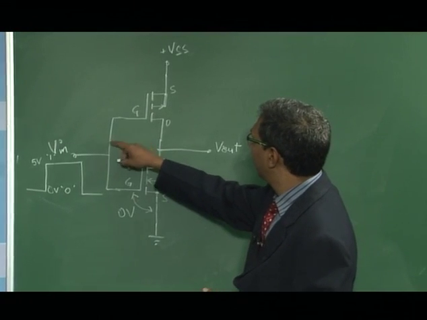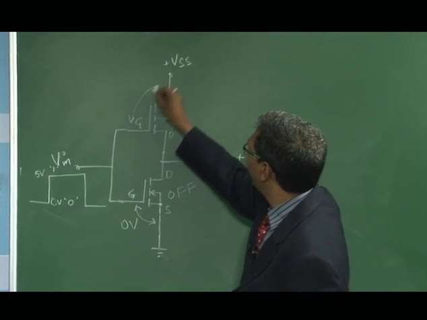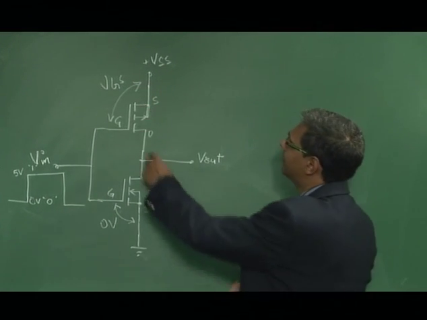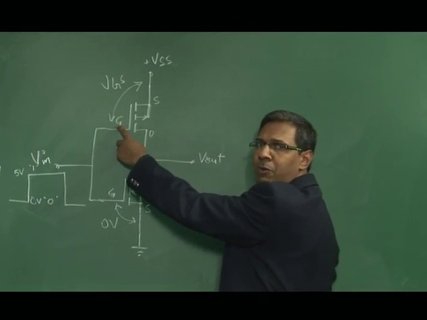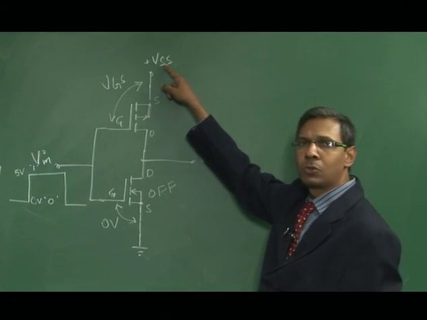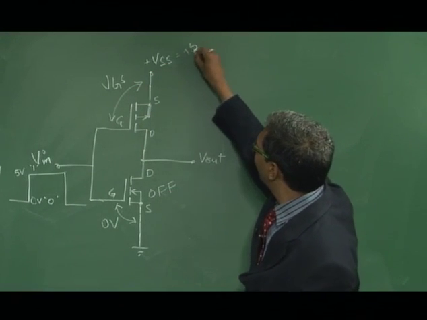Likewise here, for the voltage that I am applying, I need to find out what my VGS is. VGS is nothing but the difference between the gate voltage and the source voltage. Now the source is at VSS, which could typically be, let us say, around plus 5 volts.